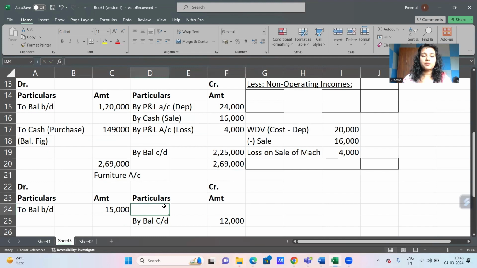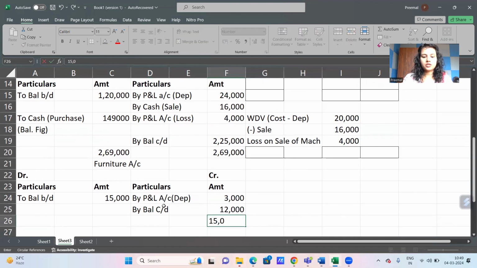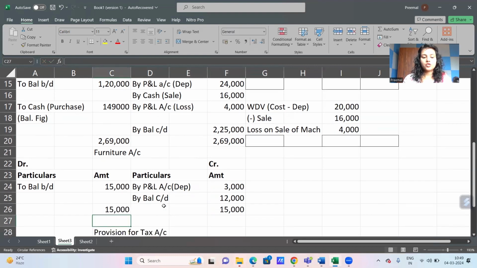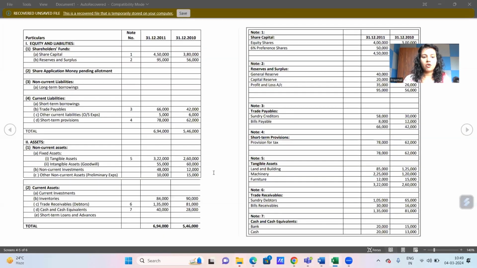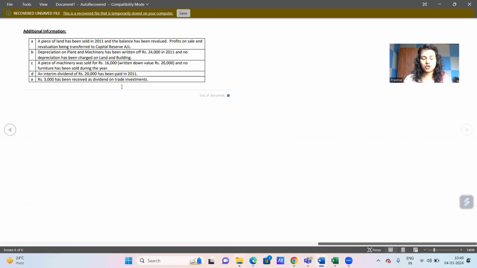So here, when they've specifically told that no furniture has been sold, that means the reduction in the balance will be mainly because of depreciation. And hence, you mention by P&L account, indicating depreciation, the difference amount, which is 3,000. So with this, we've completed all the adjustments that they have mentioned.